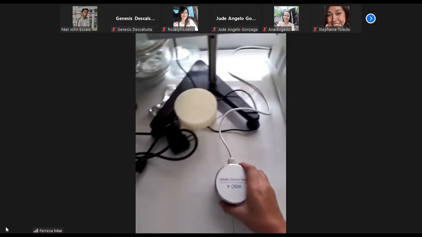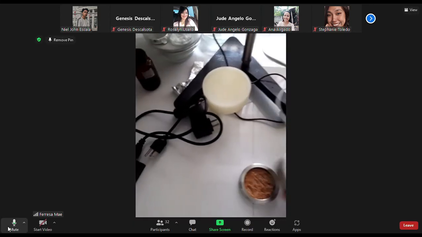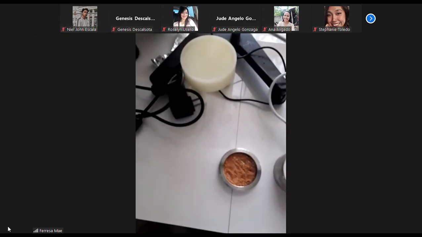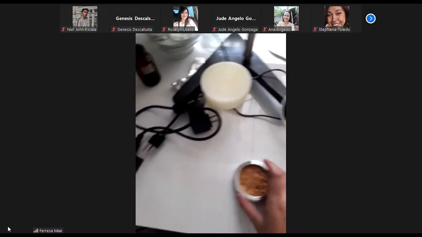Cookies siya, cookies. So, matry ta sa cocoa flour.